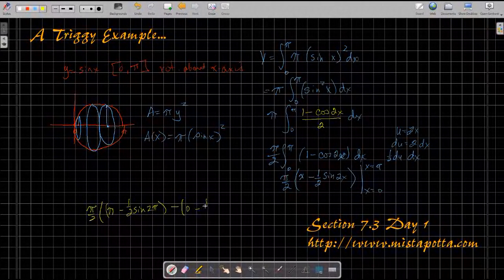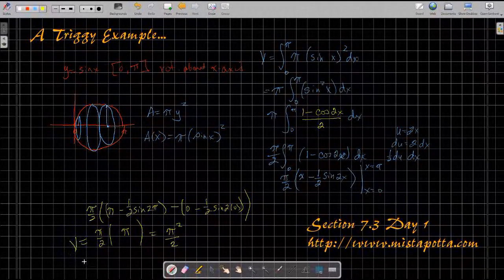So it's going to be 0 minus 1/2 sine of 2 times 0. And so I end up with pi over 2 times, this is pi minus 0. And this is 0 minus 0. I really end up with a volume of pi squared over 2.